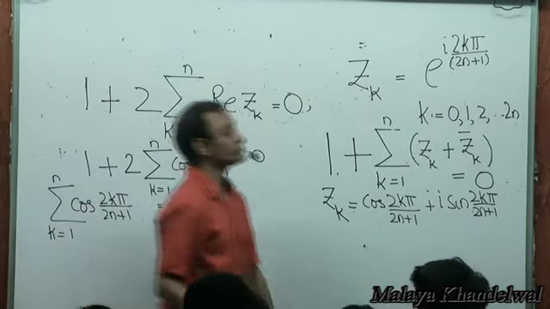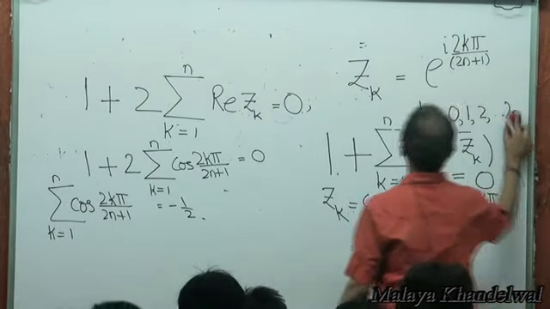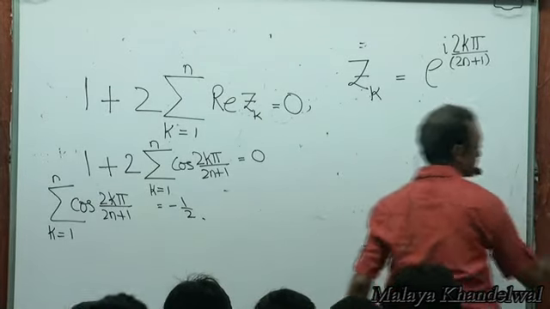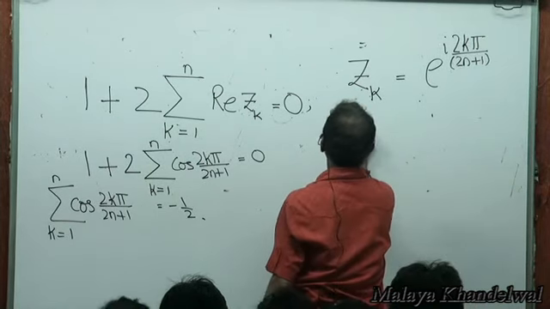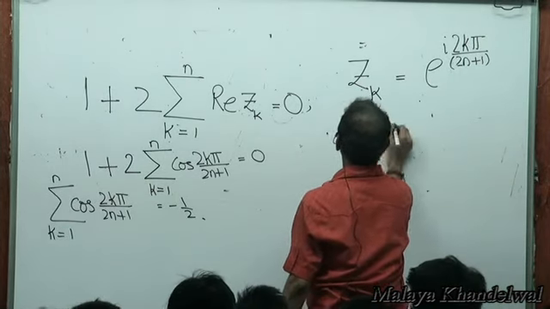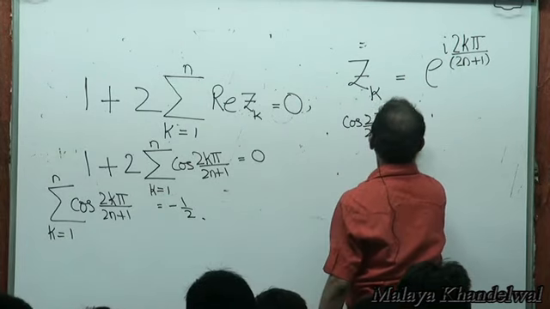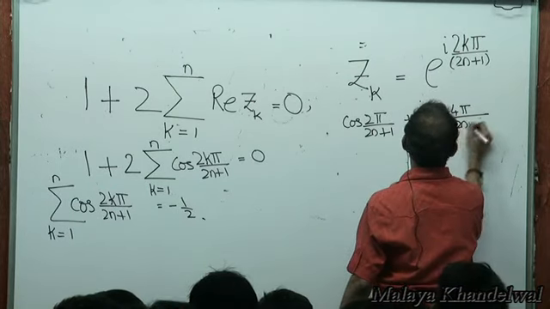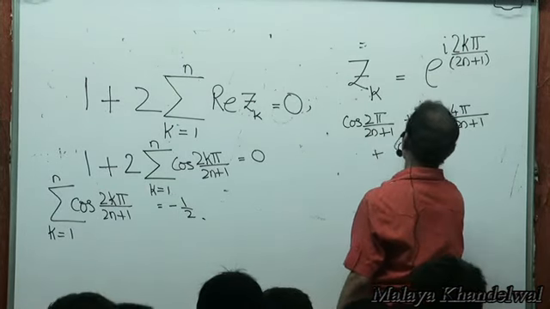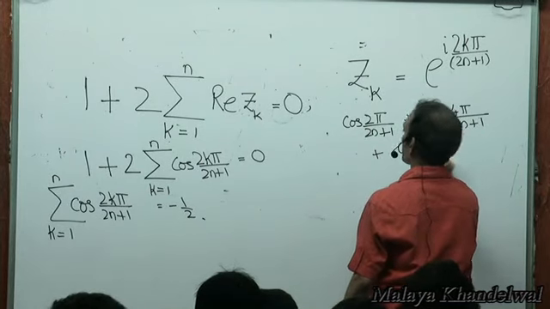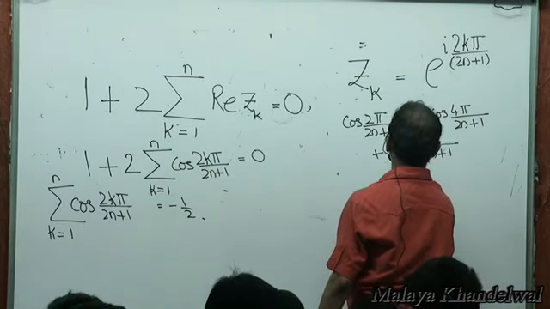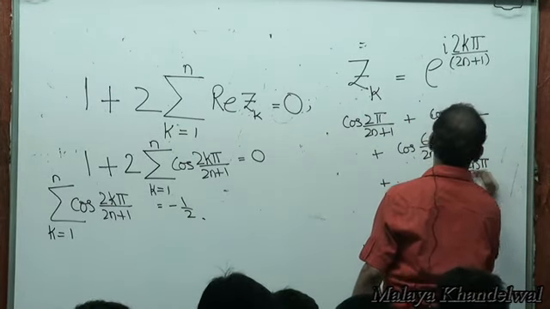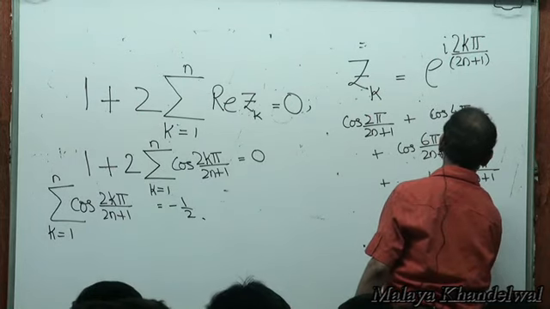Go back to your dusty trigonometry books and you would find the first chapter in trigonometry where they'll say prove cos 2 pi by 2n plus 1 plus cos 4 pi by 2n plus 1 plus cos 6 pi by 2n plus 1 and so on up to cos 2n pi by 2n plus 1 equal to minus half.